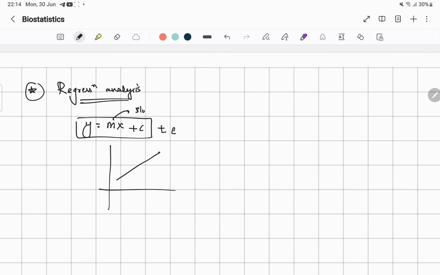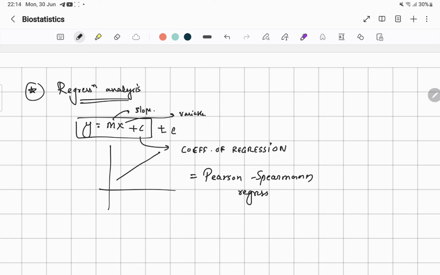M is the slope, x is the variable, and c here is the intercept. The coefficient of regression is also called the Spearman regression coefficient.